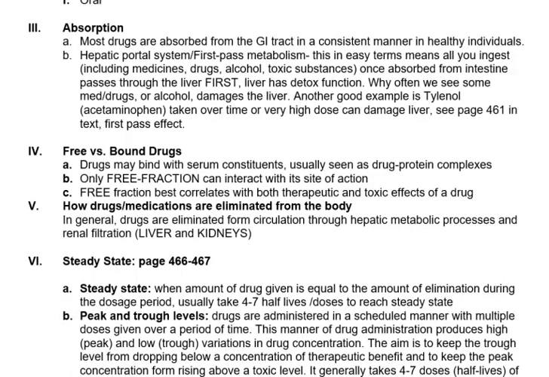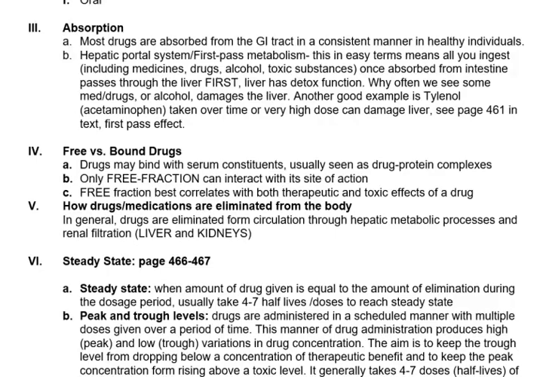Now let's discuss the absorption of our therapeutic drugs. Most drugs are absorbed in the GI tract in a consistent manner in healthy individuals. Next is the hepatic portal system, and when you hear hepatic, you should be thinking liver. The first pass is metabolism. In easy terms, this means all you ingest, including medicines, drugs, alcohol, toxic substances, once absorbed from the intestine, passes through the liver first.